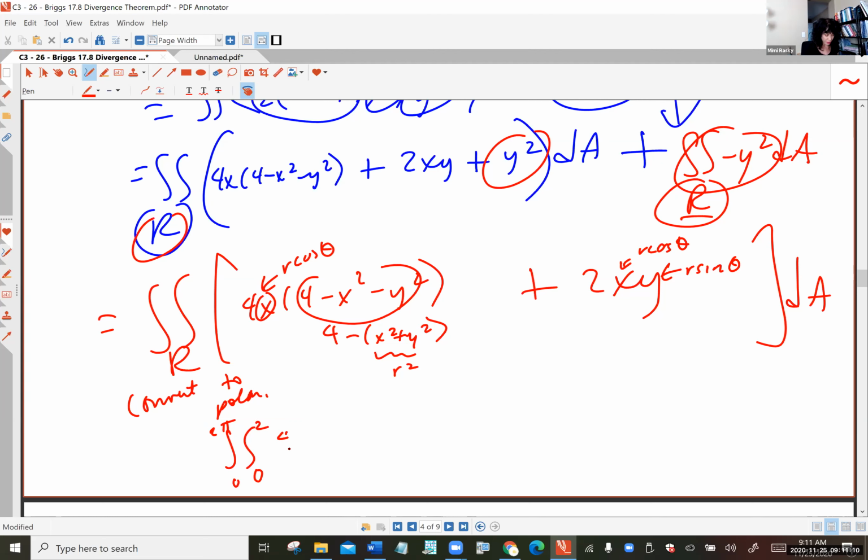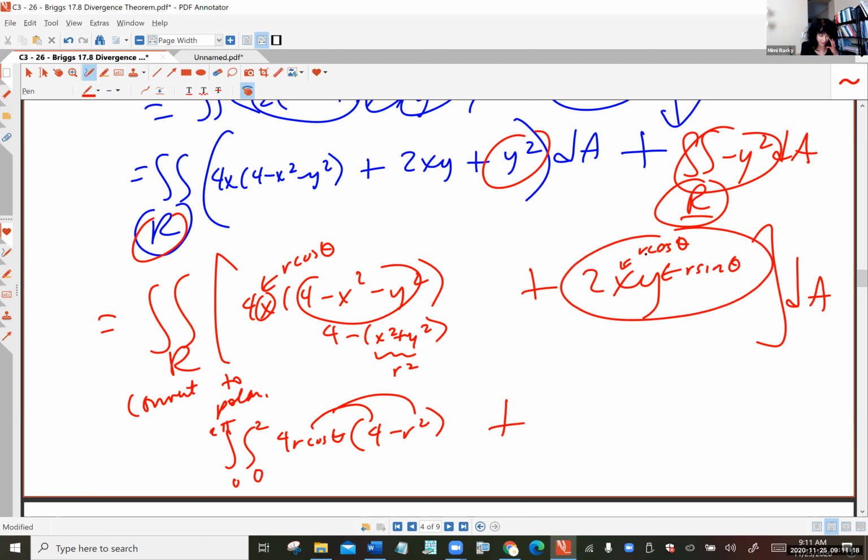Then we have this 4r cos multiplied by 4 minus r squared. I'm going to have to distribute this. Oh, God. And then when I multiply these guys together, I get 2r squared cos times sine. And then what am I going to have to replace the area element with?